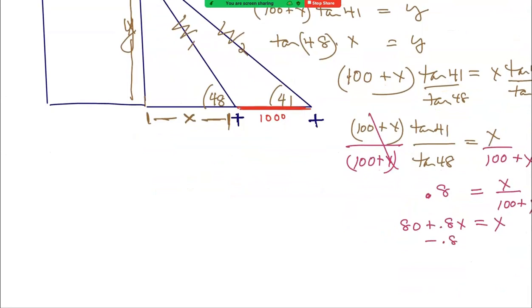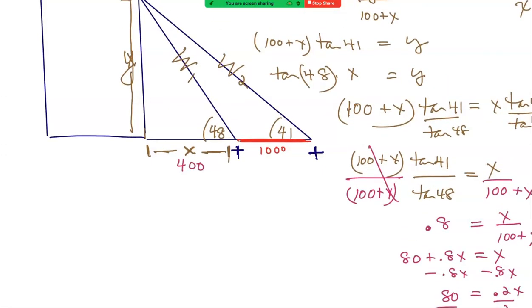Subtract 0.8x from both sides. 80 equals 0.2x. Divide by 0.2. X is going to be 400. Okay, so this x is 400.